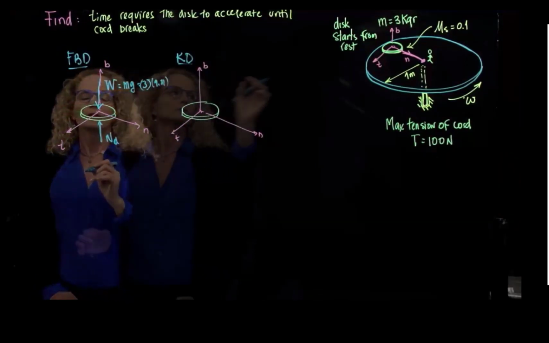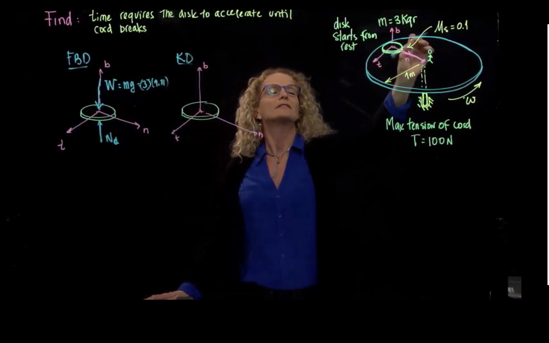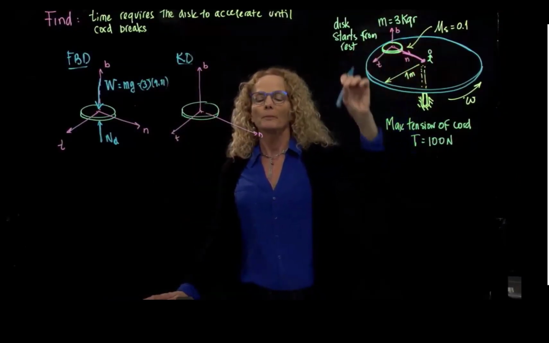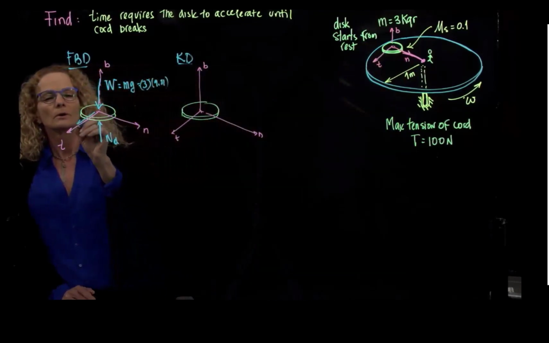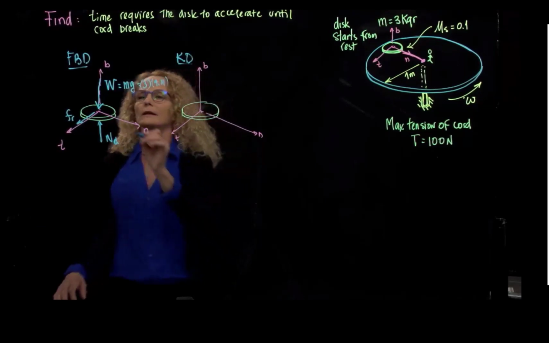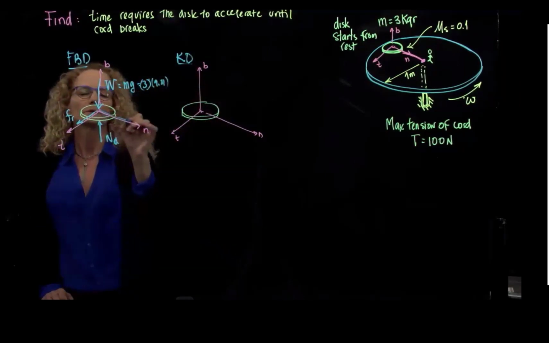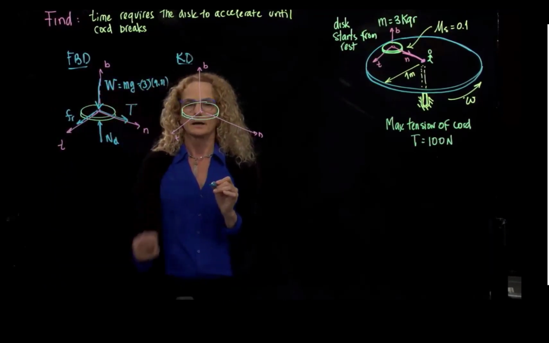And then the disk is moving in that direction relative to the platform because it still hasn't caught up with it, so the friction is opposite to the motion, and then I have also the tension of the cord. So I have 4 forces in this diagram.